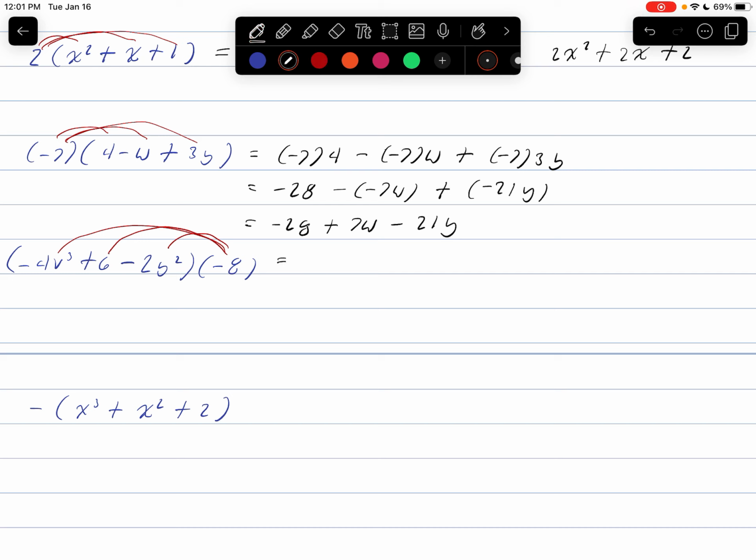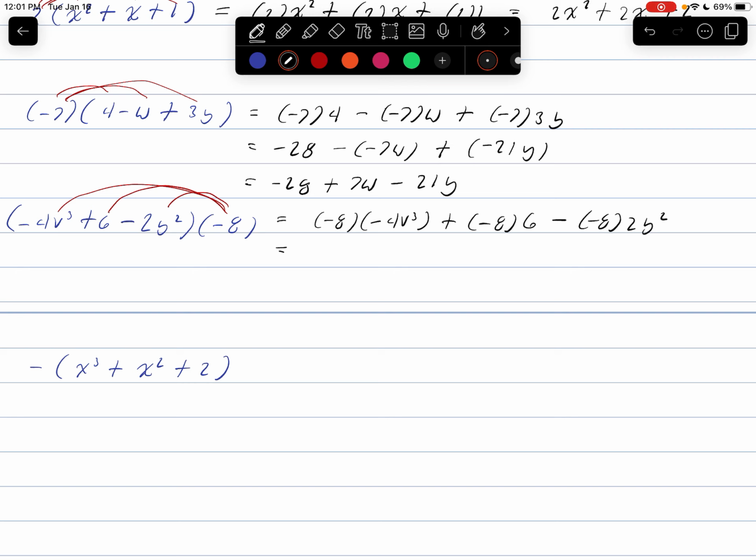And now we can write this as -8 times -4v to the third plus -8 times 6 minus -8 times 2y squared.